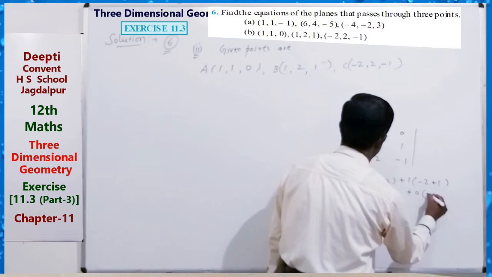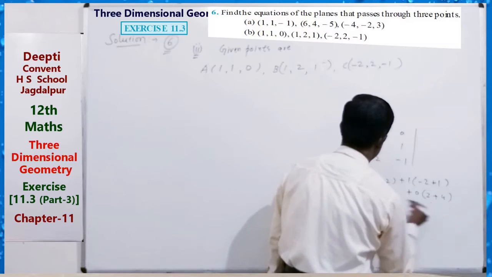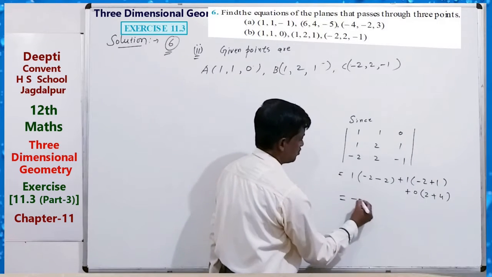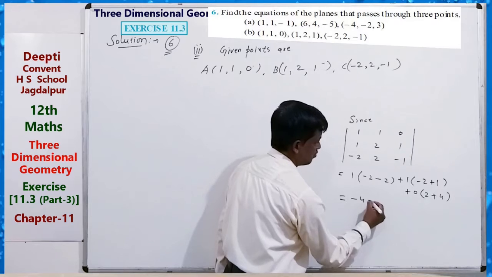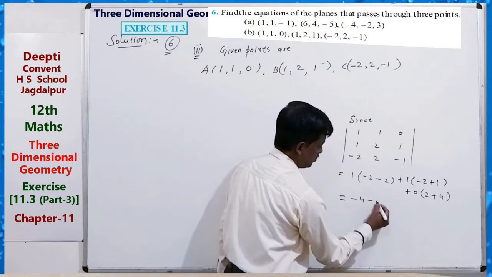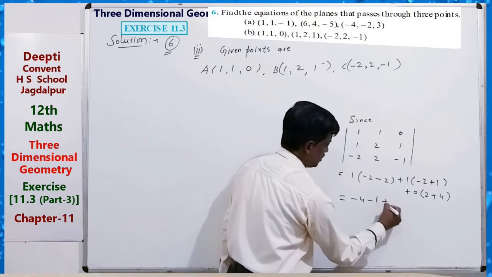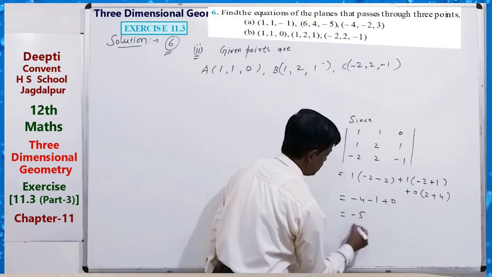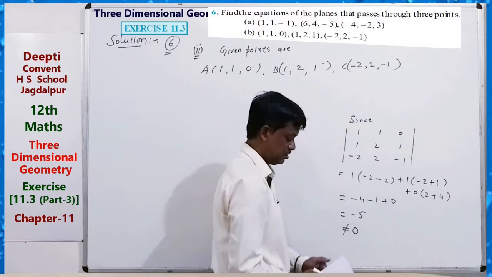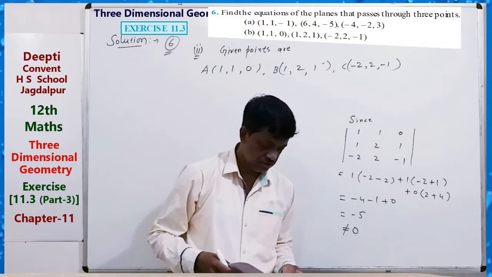So the value is minus 5, which is not equal to 0.